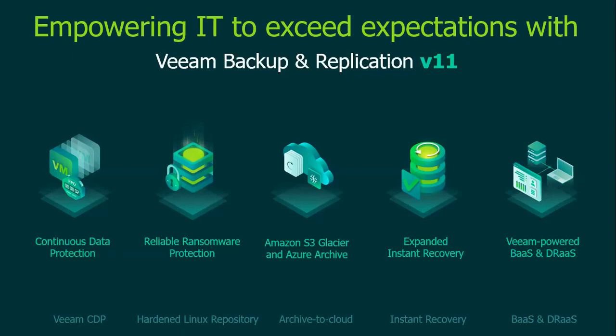Previously we were able to do it on NFS and SMB, but now we give you the flexibility to have your backup data on an immutable backup repository running on the Linux platform. This is another layer of protection added inside Veeam.